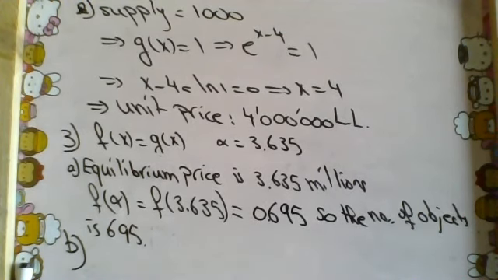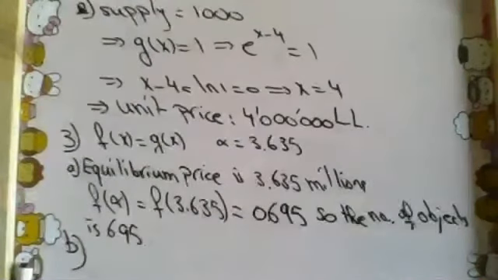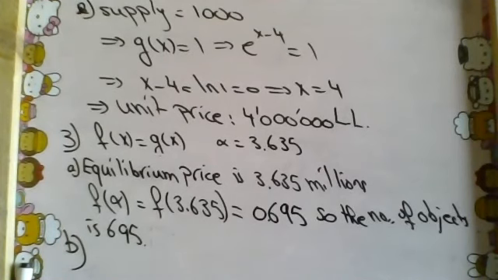Right. In part B, the question: calculate in Lebanese lira the revenue corresponding to the value of alpha given above. What will be the revenue for this corresponding value of alpha? It is cost plus profit, but you don't have the cost or the profit.